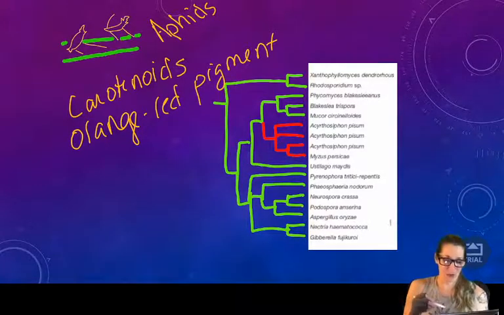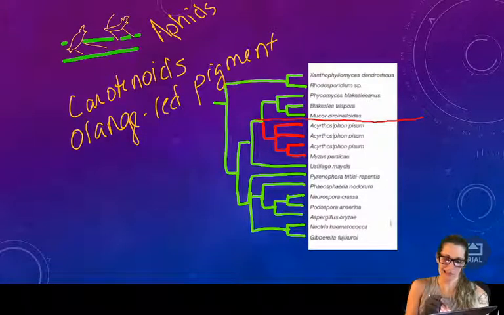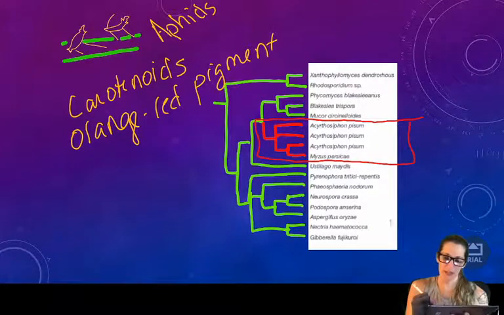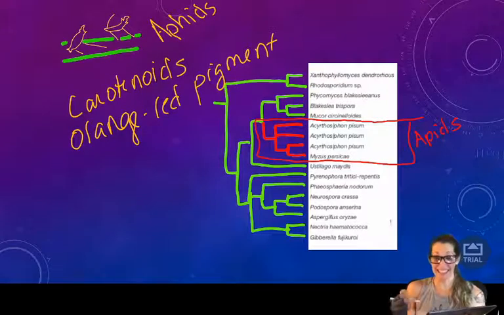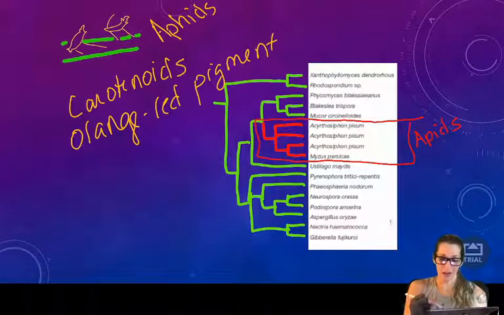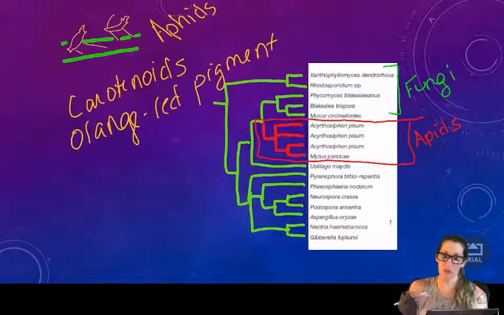If we look at the tree, right here, this group, these are aphids. Okay, that's cool. You probably don't recognize the other scientific names. I didn't. But all these others, these are fungi. All of these species are species of fungus.